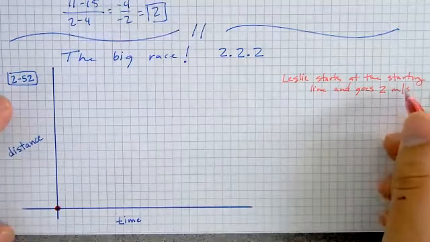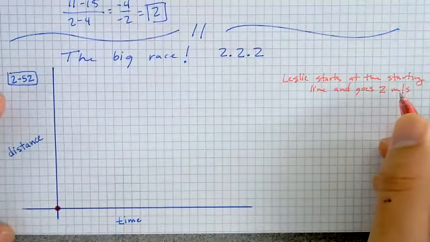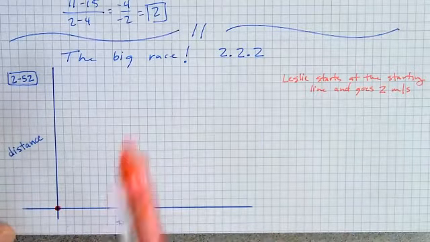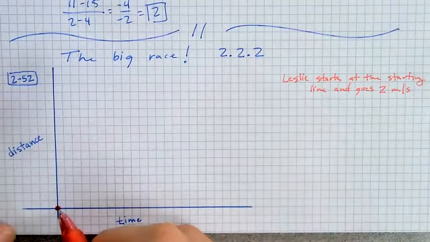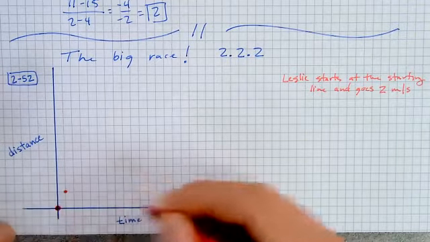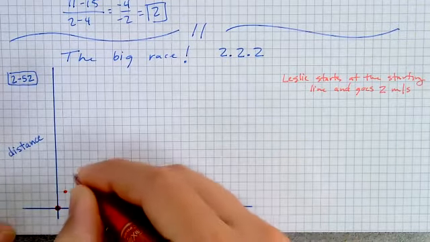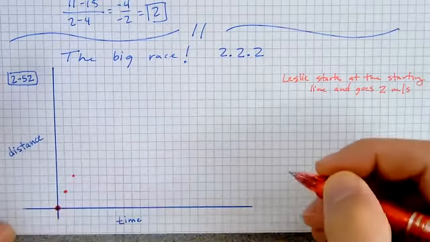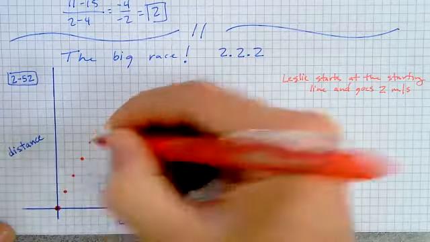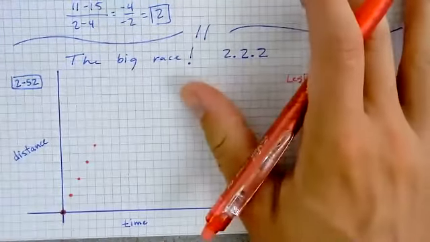Then it also says she goes 2 meters every second. So this is our distance in meters, this is our time in seconds. For every second that passes, she goes 2 meters. Another second goes by, she goes 2 more meters, and so on and so forth.